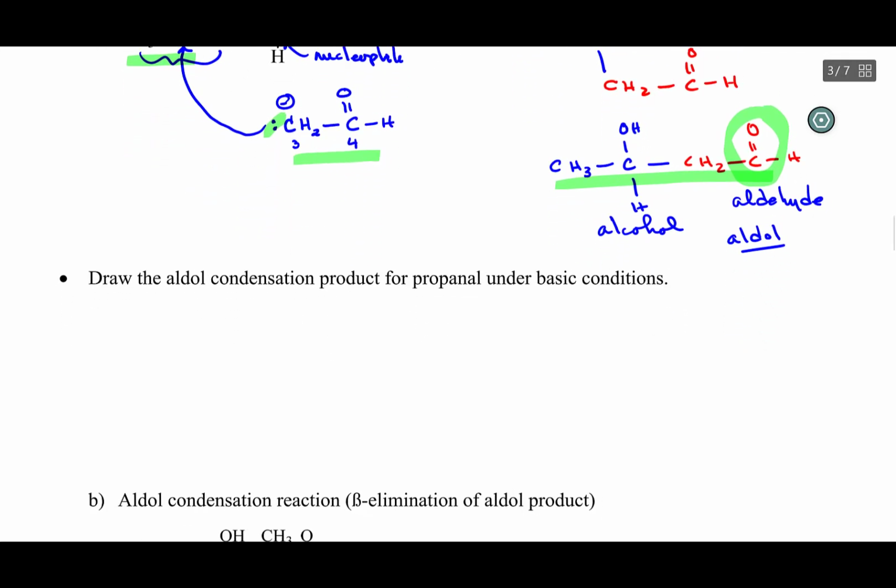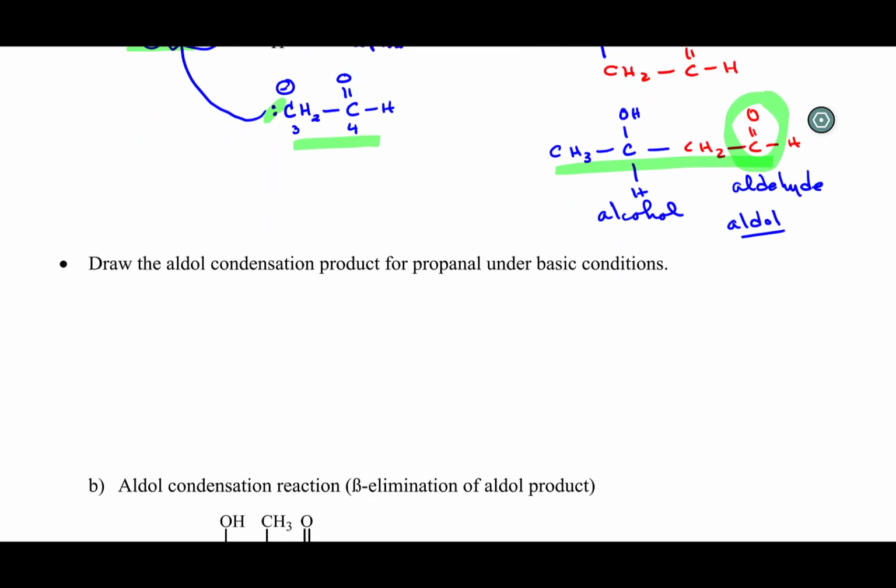Okay. So propanol, we need to write its structure first. So just 3 carbons, right? So CH3, CH2, and then C double bond, and then H, because it's an aldehyde.